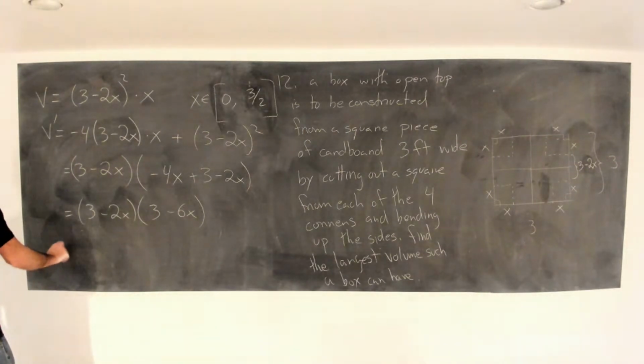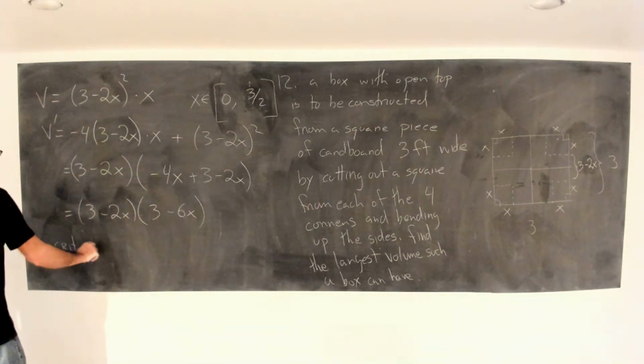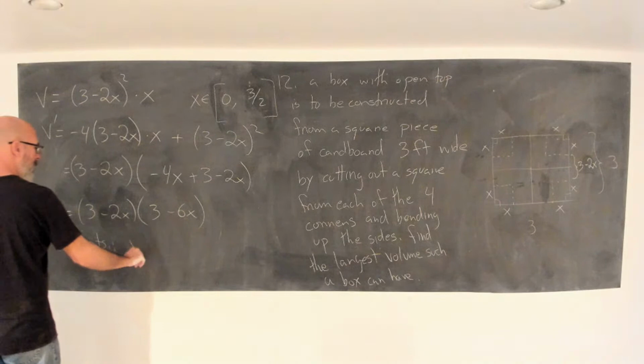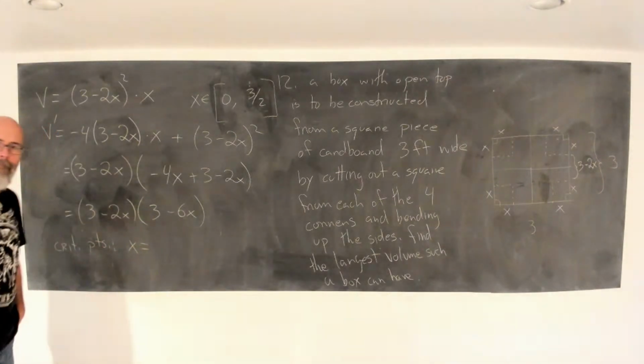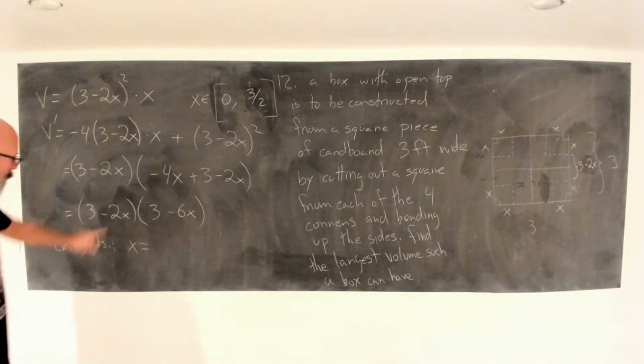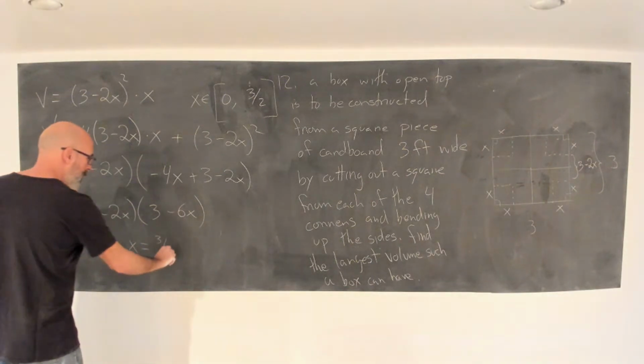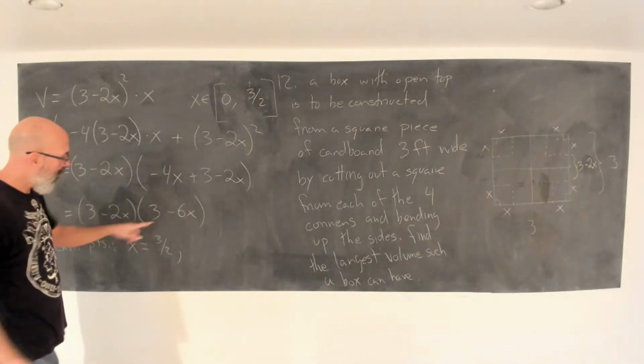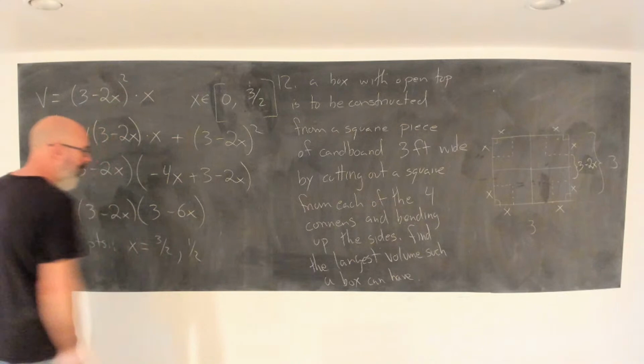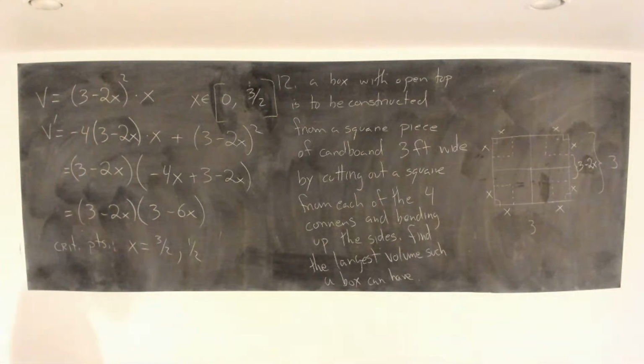So we see critical points. X is 3 over 2 coming from the first one, or 1/2, thank you, Michael, coming from the second.